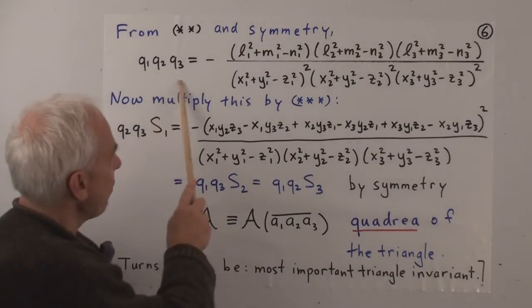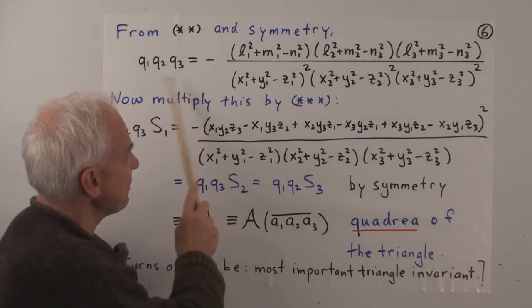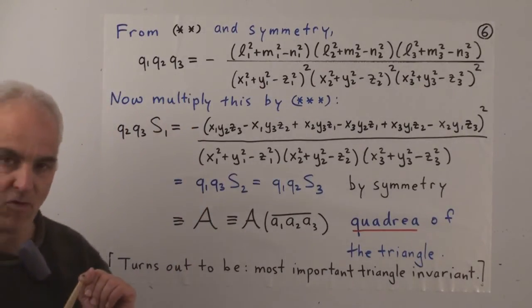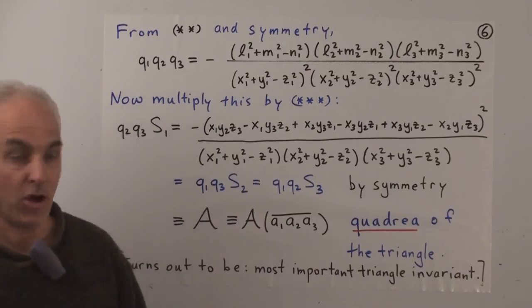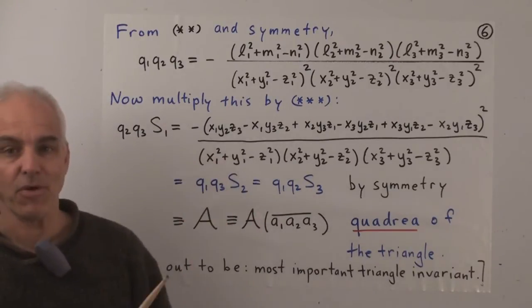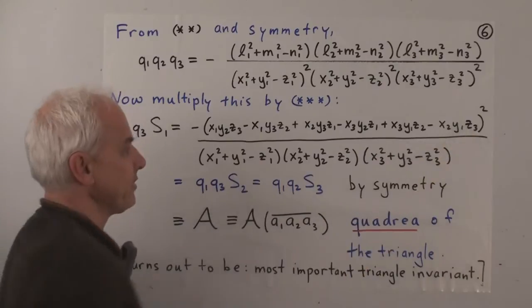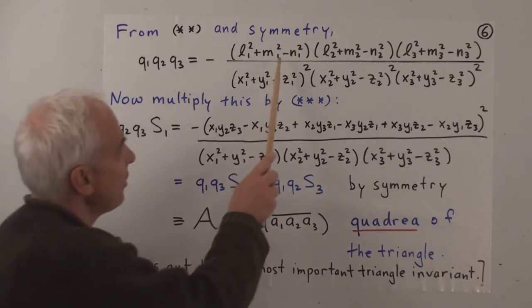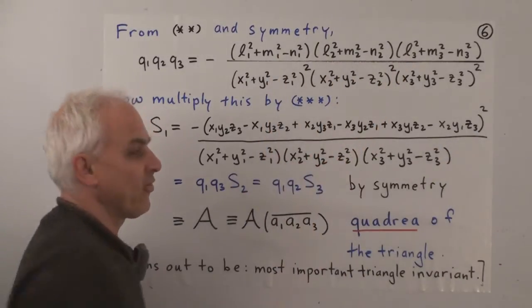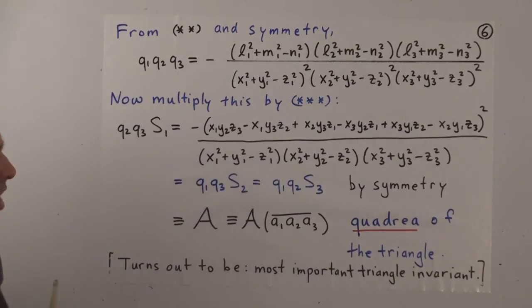Now let's have a look at what we get when we multiply this formula by that triple star formula that was the consequence of that big formula that we wrote on the previous page. The formula for S1 over Q1. Okay, the S1 over Q1. What did it have? Well, it had a d squared term in it. It had this times this times this in the denominator.